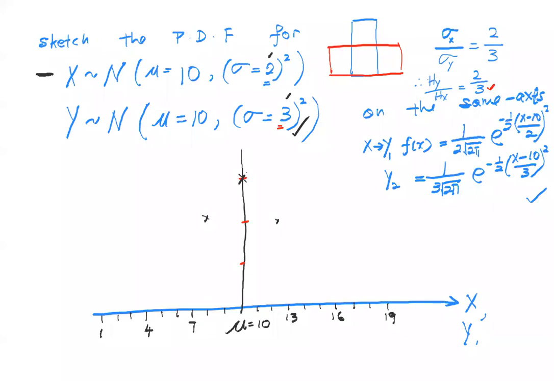Then the next 2 important points are the location where the graph will fade off. 3 standard deviations away. So 3 standard deviations away for x, it will be 10 minus 3 times 2. That is 4. So fade away here. 10 plus 3 times 2.